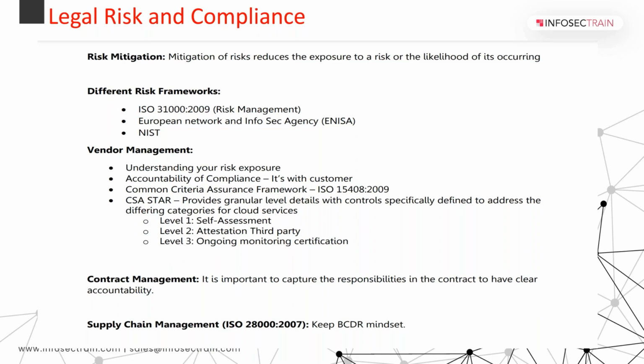You can avoid the risk by eliminating the task itself. You can transfer the risk by taking maybe insurance or adding proper clauses. I hope that all these risk mitigation criteria are known.